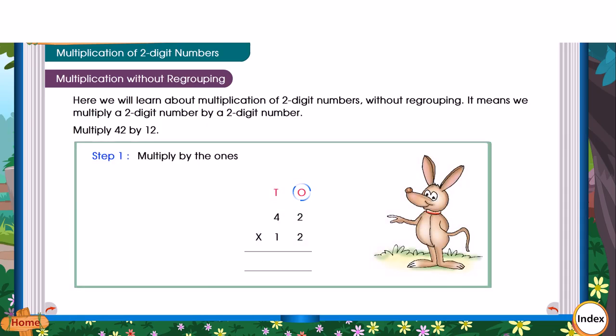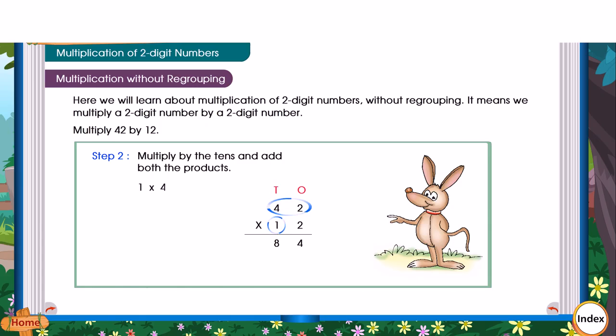Multiply by the ones. 2 into 42 is equal to 84. Step 2. Multiply by the tens and add both the products. 1 into 42 is equal to 42. Answer: the product of 42 and 12 is 504.